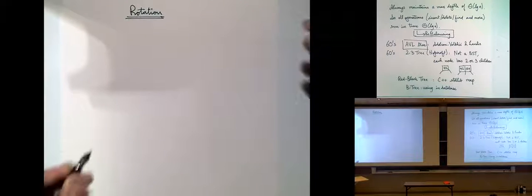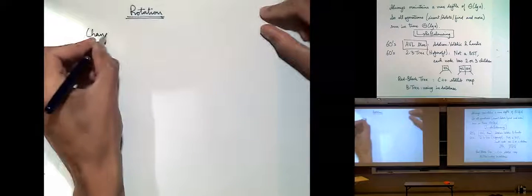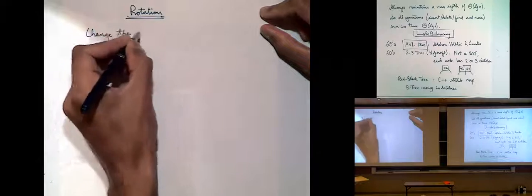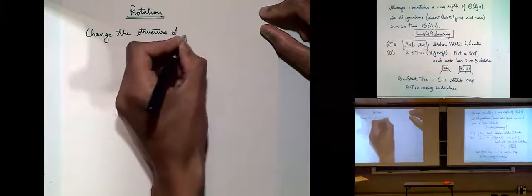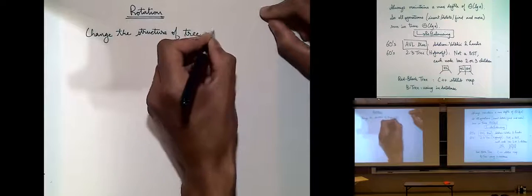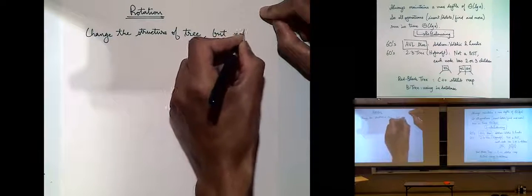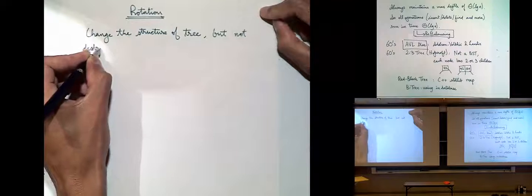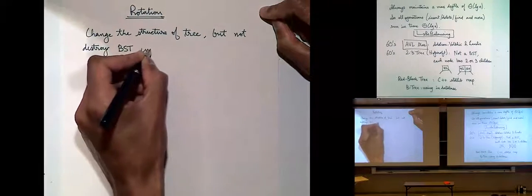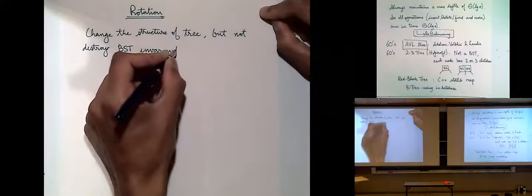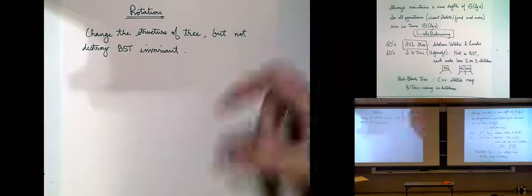So here's what we want to do. Change the structure of the tree, but not destroy the BST invariant. Okay, what is the BST invariant?